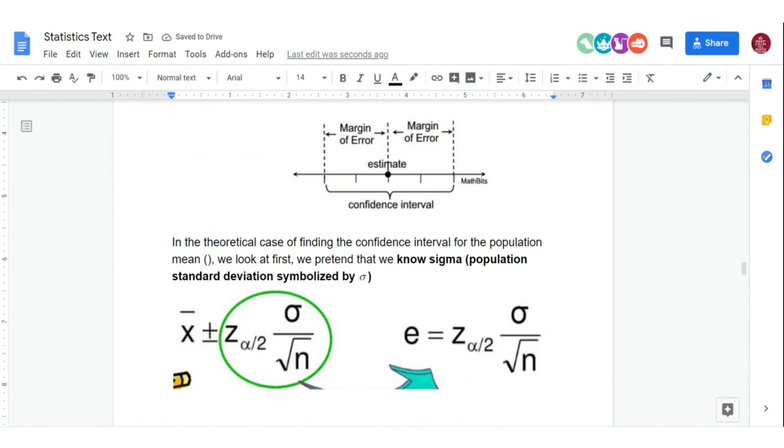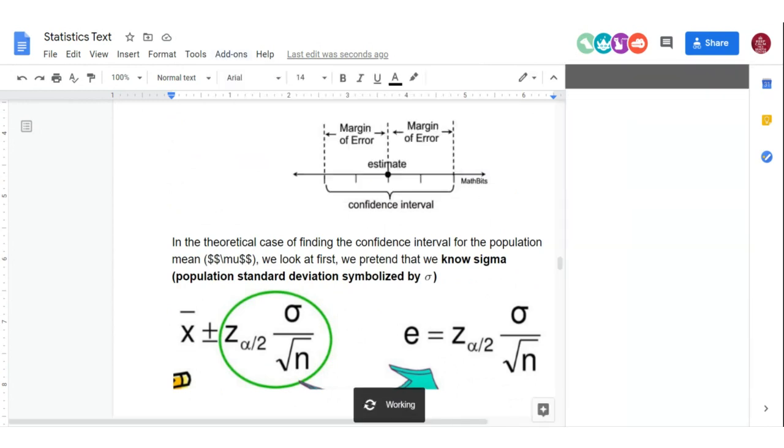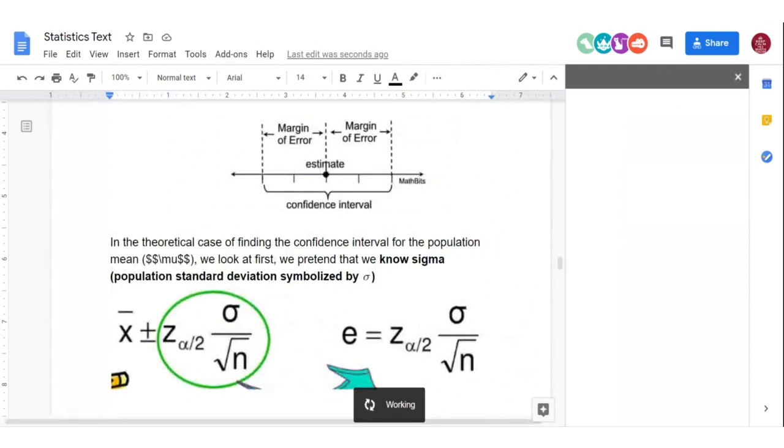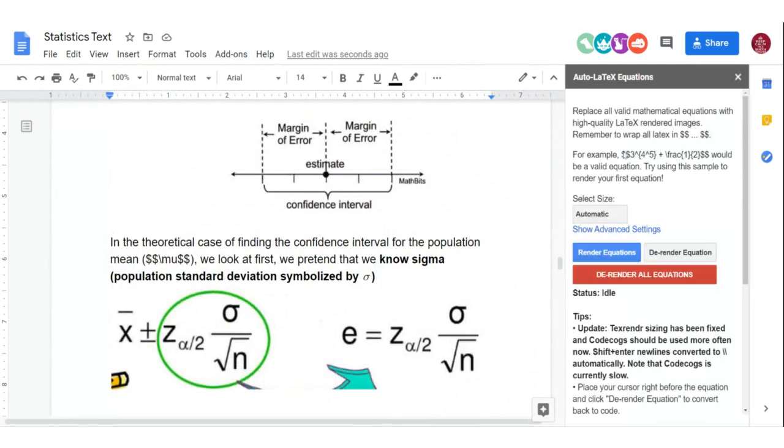I think they just call it mu. Yeah. I can do a little bit of magic here and you'll be able to see it. All right. So if I did this right, it's going to turn into a mu.